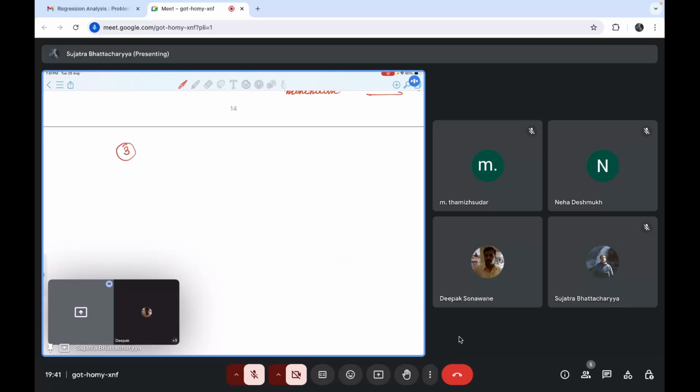Let's do it quickly. It is given that the model is this: beta naught plus beta 2 x2 plus beta 3 x3 plus epsilon. Okay, so it says calculate RP square. Okay, what is P in this case? 1 unknown, 2 unknown, 3 unknown.